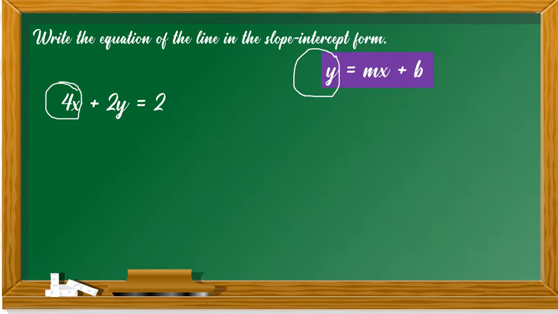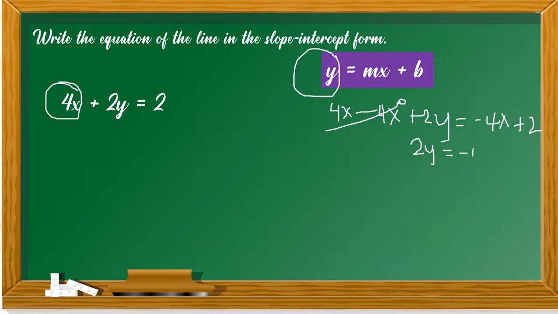So we have 4x plus its additive inverse negative 4x plus 2y equals negative 4x plus 2. Negative 4x plus 4x is 0, so what's left on the left is 2y equals negative 4x plus 2.